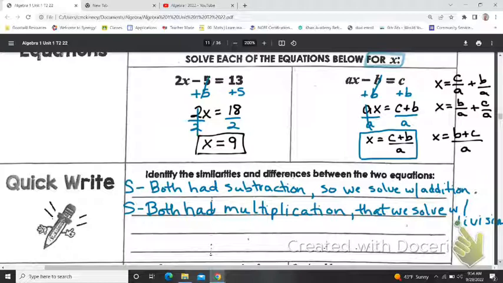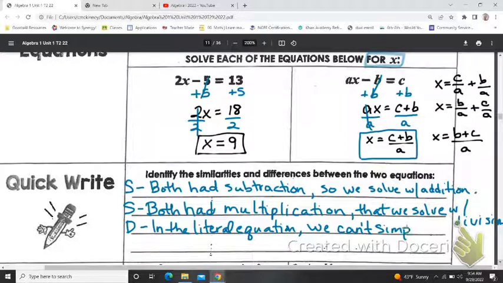So let's think about then what is different, right? What's different? The answers look very different, right? So a difference is that in the literal equation, we can't simplify, right?